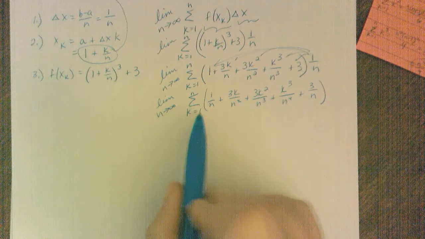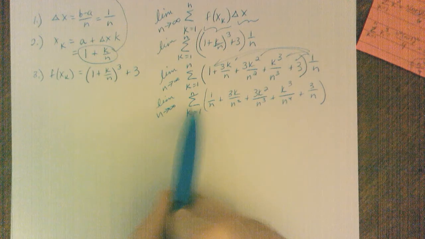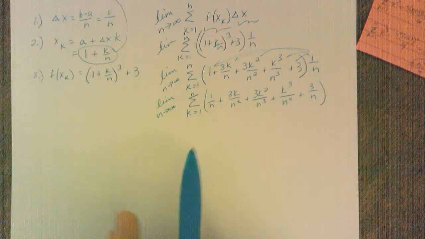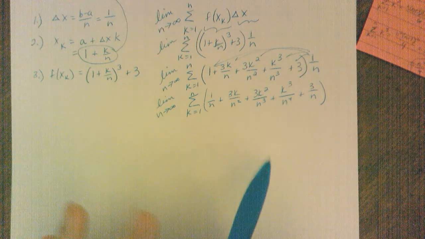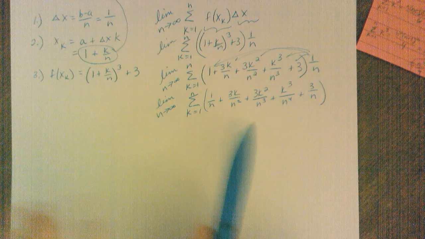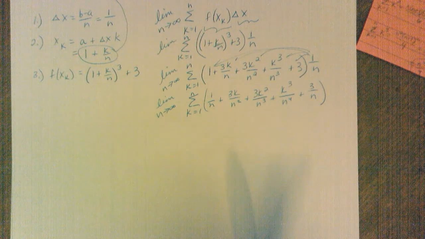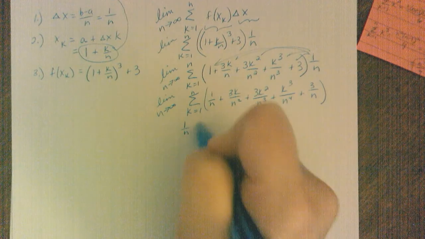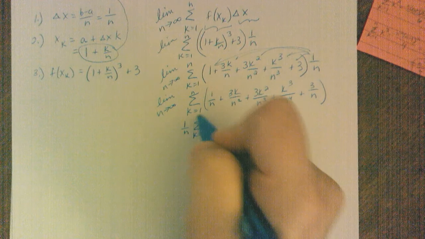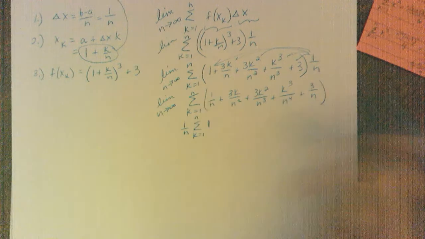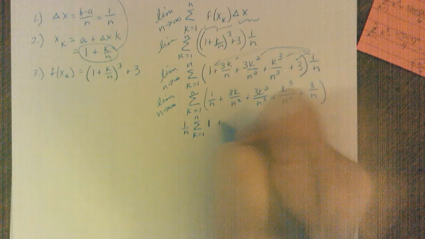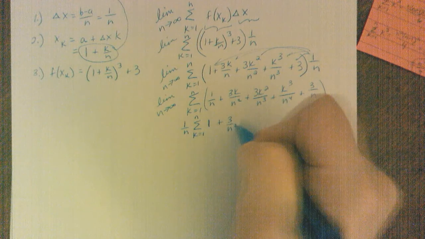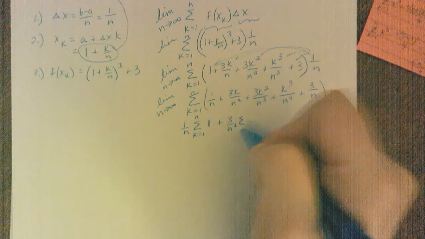So let's see. Think about it like you're taking the sum of each one of these, and you want to leave either a number by itself, or just a k or k squared or k cubed by itself. So this 1 over n, I can take out in front, and then I would have a 1 here. Plus this one, I'm going to take out in front the 3 over n squared, and I would have a k here.